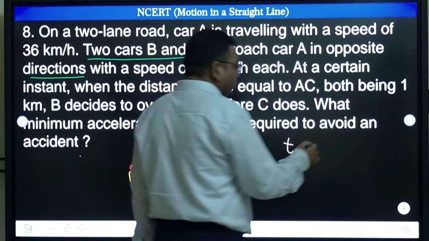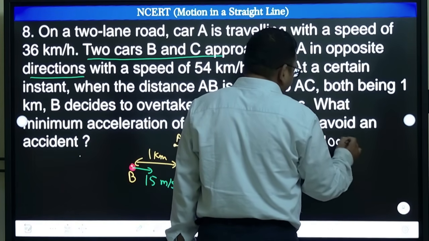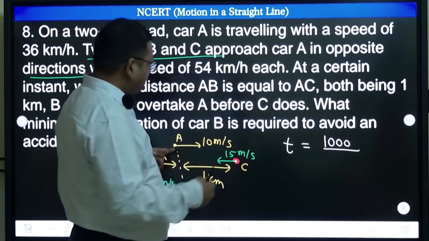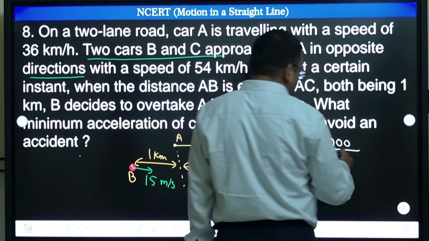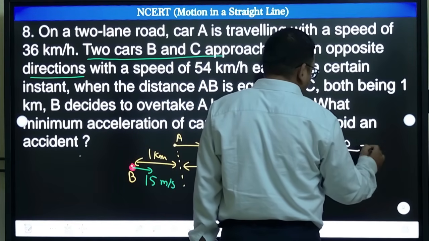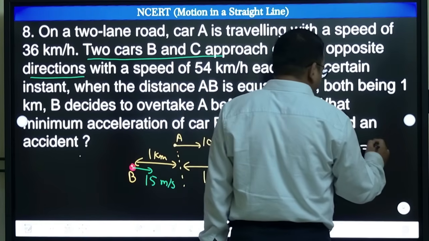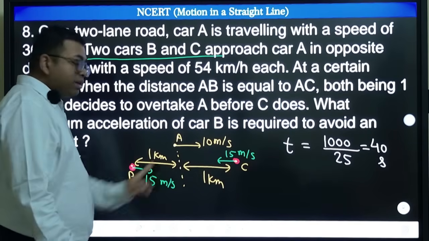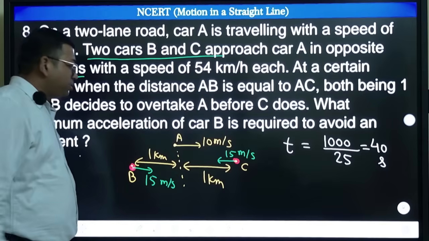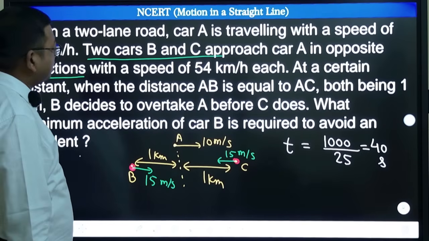Distance is how much? 1 kilometer. I am taking as 1000 by this speed in opposite direction. So 10 plus 15, 25. So from here you got this as 40 seconds. So C will reach A in 40 seconds. Definitely it will meet at this 40 seconds.